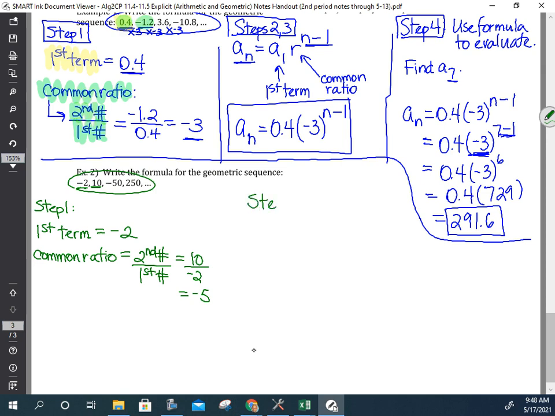Step 2, put everything into the formula. So we're literally plugging in the two numbers that we had. An doesn't get touched. A1 is your first term.